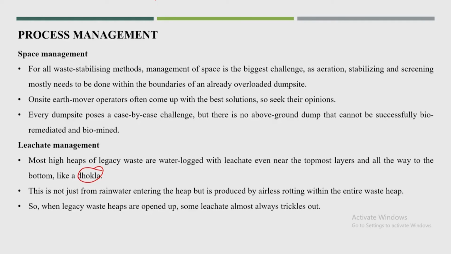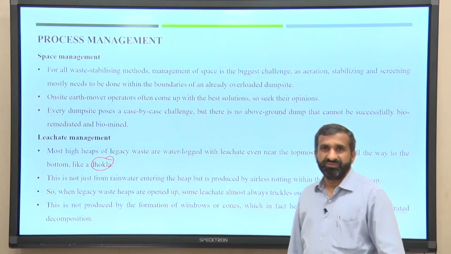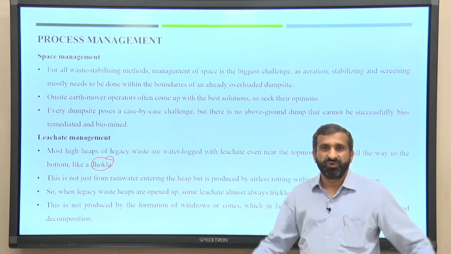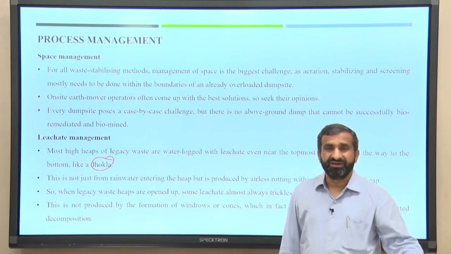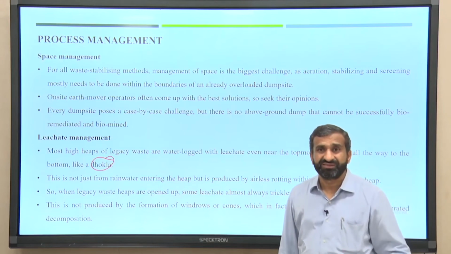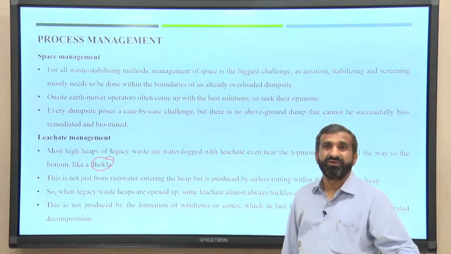So when legacy waste heaps are opened up, some leachate will almost certainly come out, and this is not produced by the formation of windrows or cones, which in fact help to dry out the waste by aerated decomposition. So be ready, provide some drains for such leachate when you are going for the windrow facility, as there is a chance that leachate will come out.